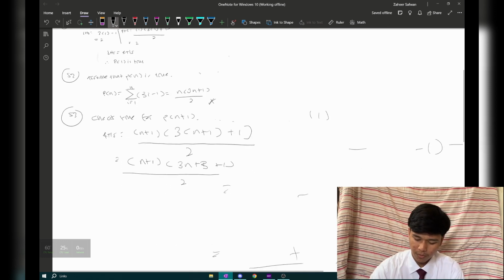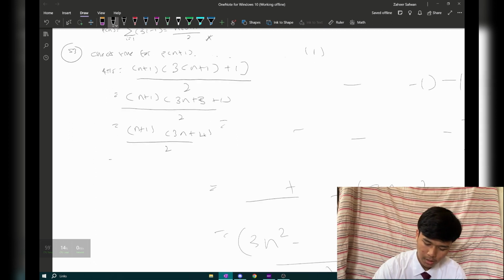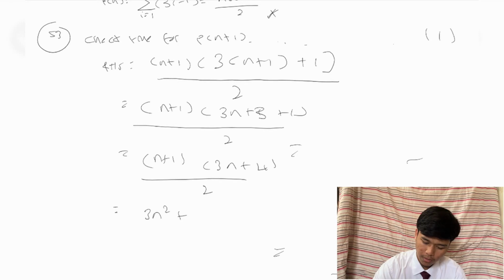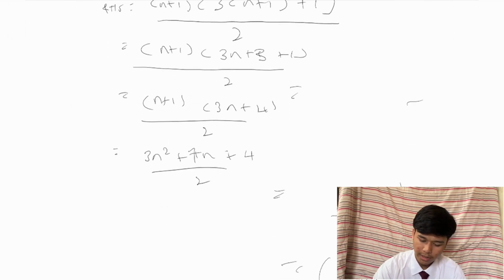We simplify that, get (n+1)(3n plus 4) over 2, and we expand and we get (3n squared plus 4n plus 3n plus 4) over 2, which is (3n squared plus 7n plus 4) over 2. This is for right hand side.